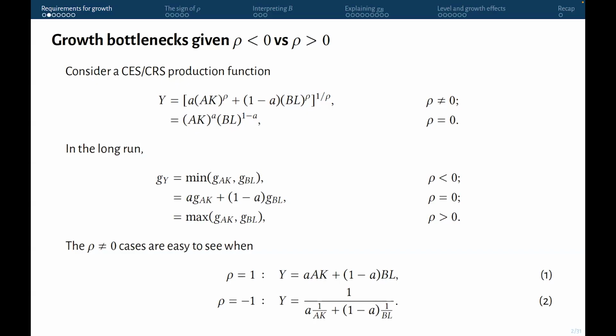So for this whole fraction to grow in a sustained way, you need both these fractions in the denominator shrinking to 0. See that? If either of them isn't shrinking to 0, if you get stuck at some positive value, because say BL stops growing, the other one might go to infinity, but then you're just left with output equaling 1 over A times BL, or whatever one might say, times B.